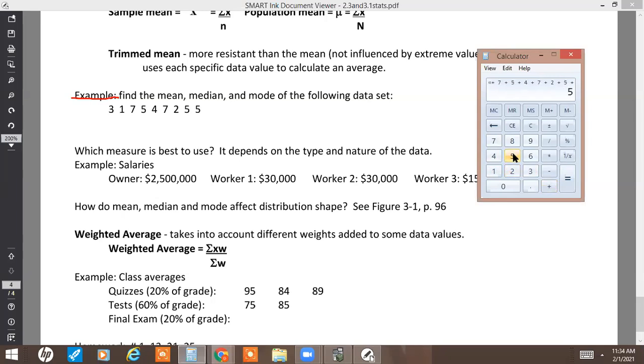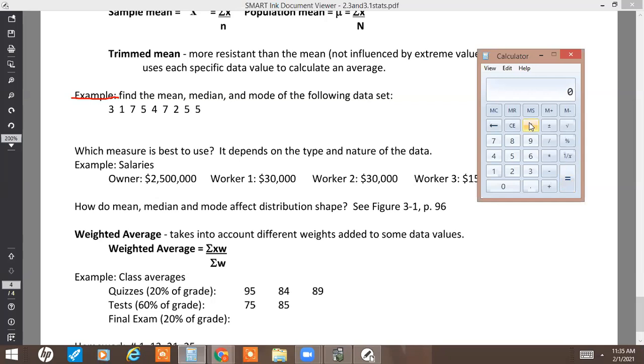Add your numbers together. You get 39. Divided by, what is it, 9? Divided by however many there are. And you get 14. That would be the mean. Add them together, divide by however many there are, right? And now notice this is one of these really easy calculators that Windows has, right?